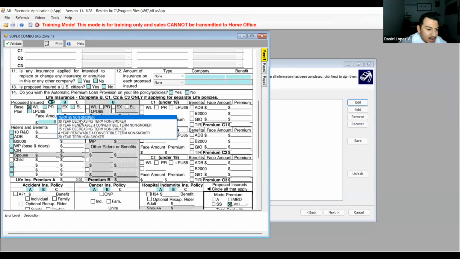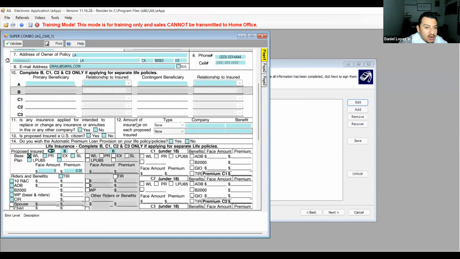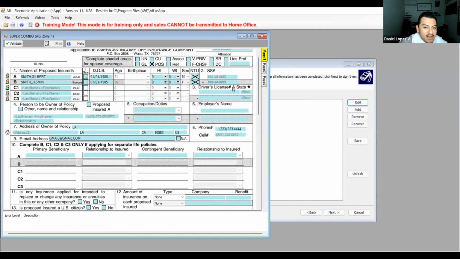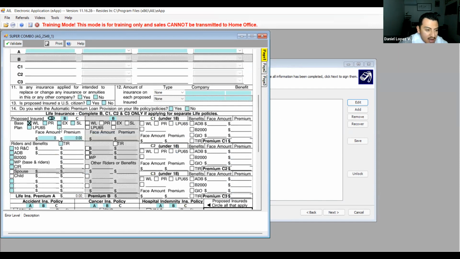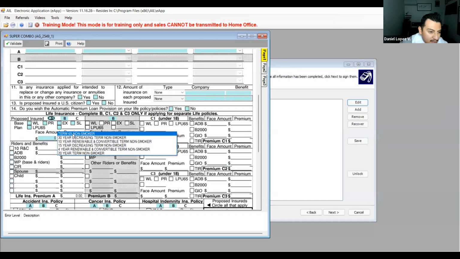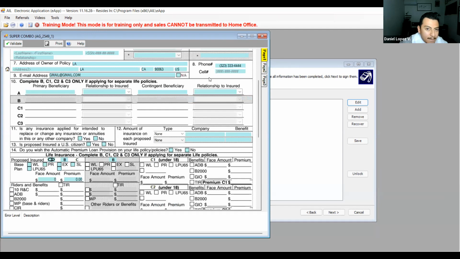Term 65, 30-year decreasing term, 10-year renewable and convertible term, 15-year decreasing term, 4-year renewable and convertible term, 20-year term. This is for non-smokers. If I were to put that they smoke by removing this, then it will have smoker rates. So it's found here. It's also found, let's say I do give them a $10,000 whole life. This is where you can easily get the 10-year term only. Other than that, it's found right here. All of these are found right here. Cool? Cool. All right.